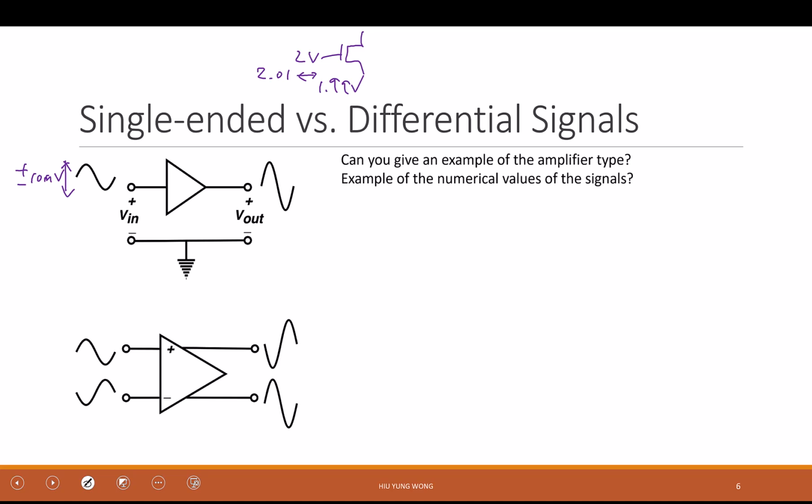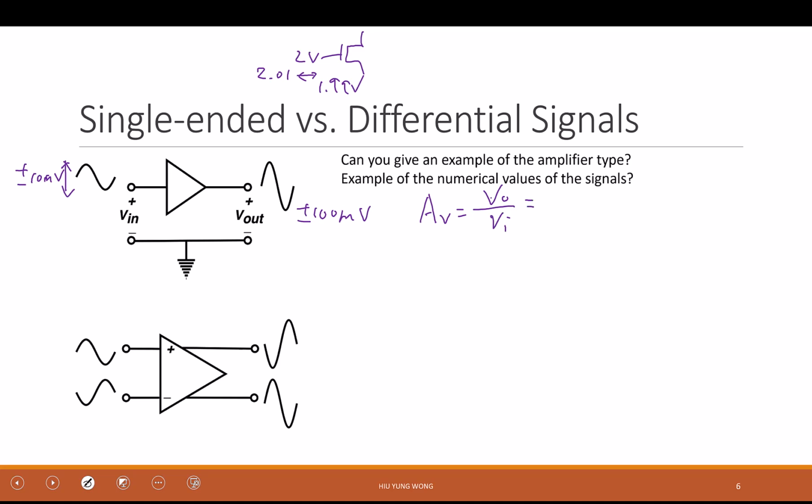And then the output after this amplifier, it might become plus minus 100 millivolt. By the definition, what is the gain? Because it is V out divided by V in, right? This is the definition.